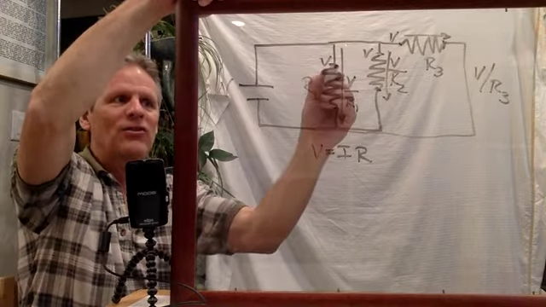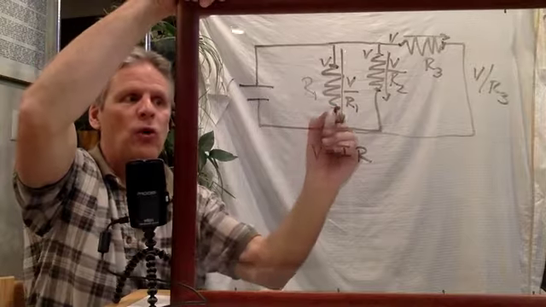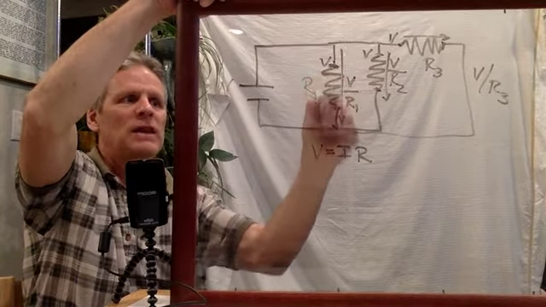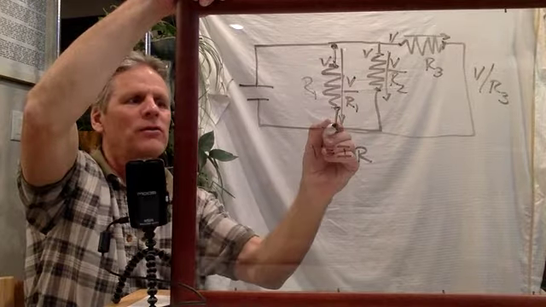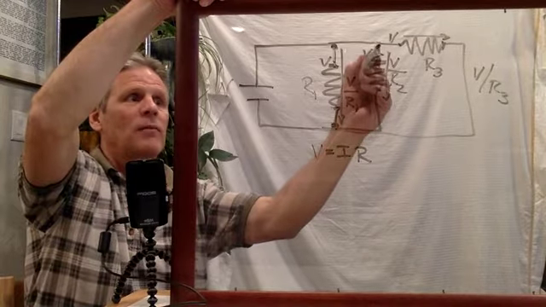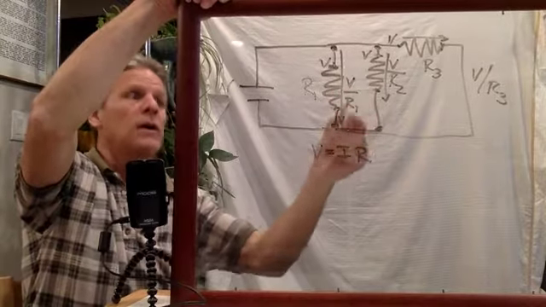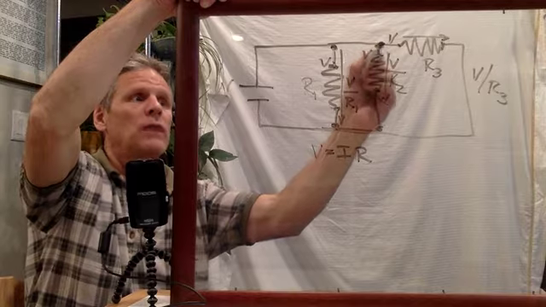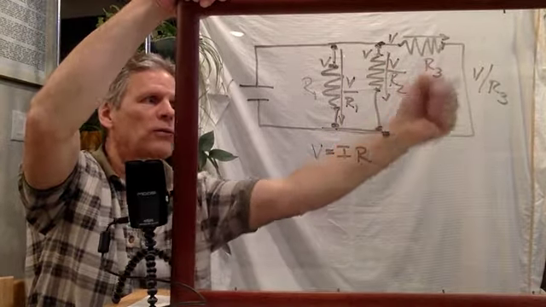If you calculate the current between this point and this point, there is nowhere else for it to go until you get to a junction. So if I calculate it between here and here, it is exactly the same amount all the way from here to there. Same thing here. It's exactly the same amount from here to here. There is nowhere else for that current to go. Same thing here. It's the same all the way from here to here. There is nowhere else for that current to go.